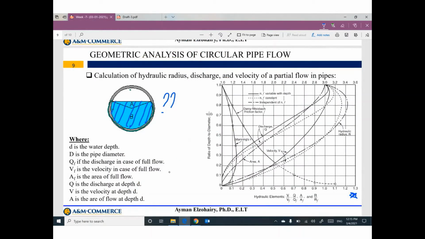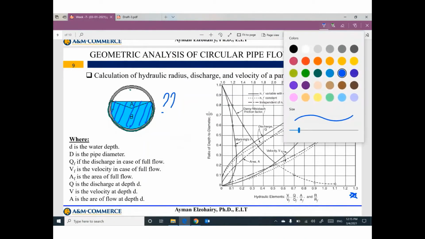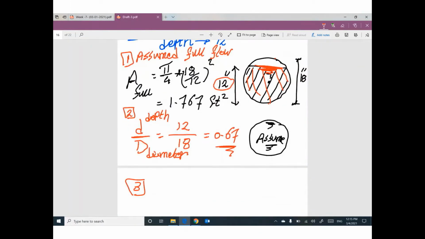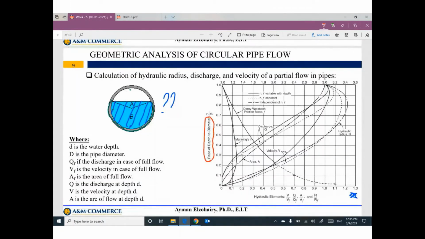We have on this side of the chart something called the ratio of water depth to diameter, small d divided by capital D. One more time, what is the ratio? 0.67. Where is this number? I think you are here.